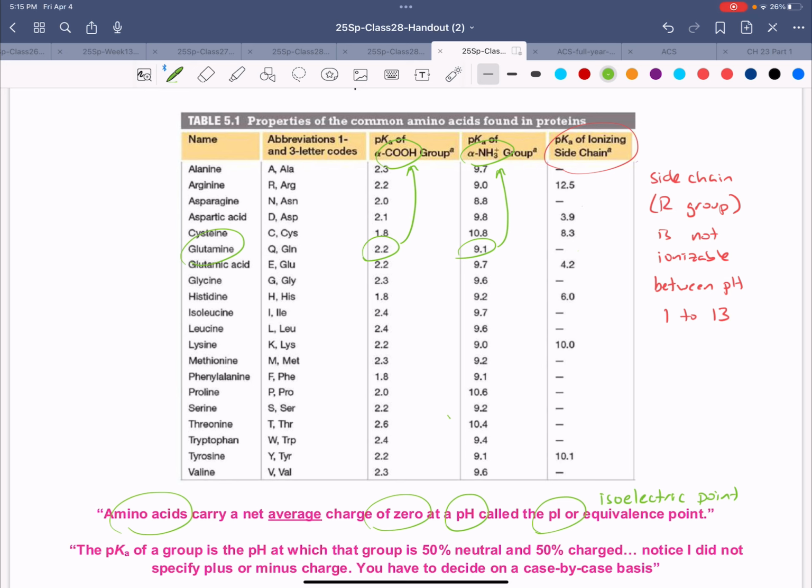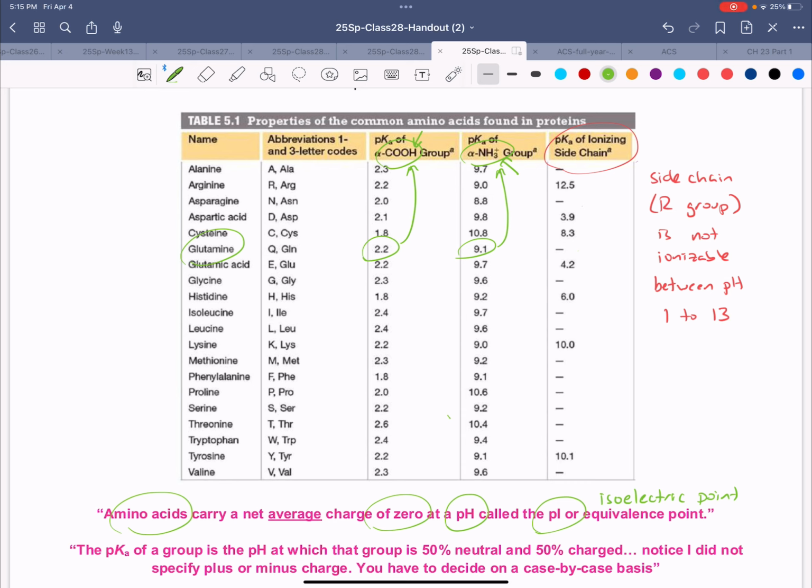What does that mean? It means that when we get above 2.2, the solution is basic enough to take off this hydrogen here. And then to take off one of the hydrogens for the amine, we have to be above 9.1.